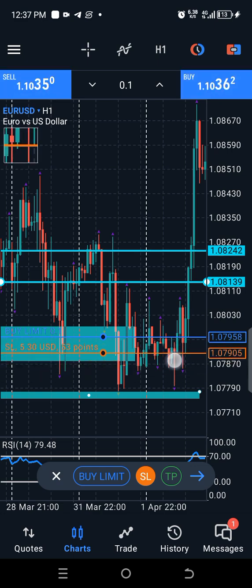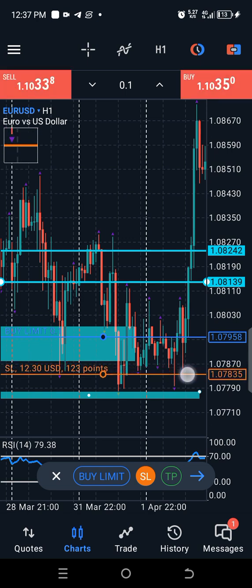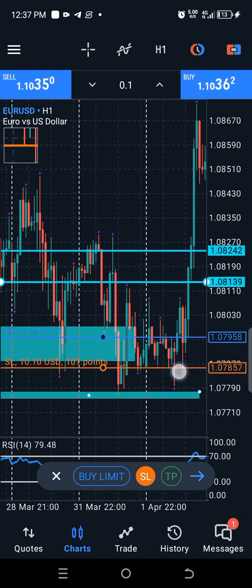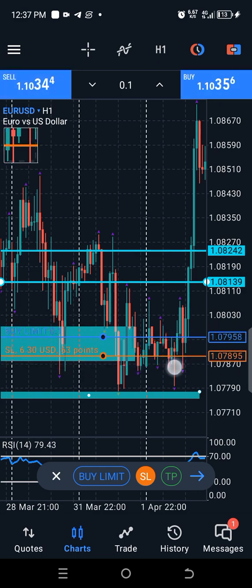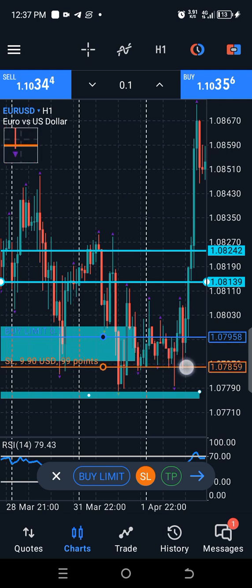So I usually look for a close at this area where my stop loss is, or even slightly below the area of this line where the stop loss is. They didn't close in that area. Price just went up and closed higher. So I would have waited for the close of the candle.